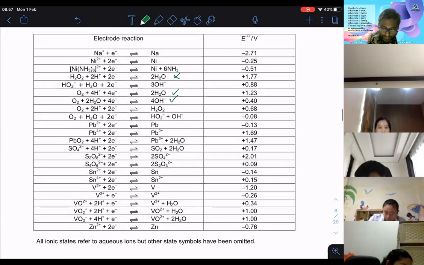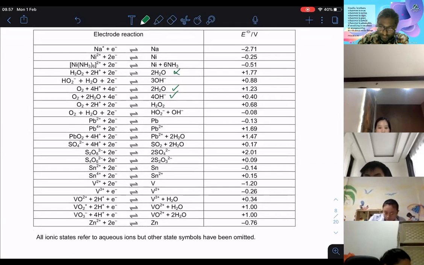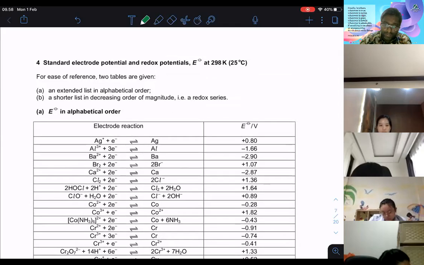It is important to select which one we want. We want to relate it to O2 and H plus, so we want to select the 1.23. Do not accidentally choose something that we don't want. There are so many other things as well, so you need to refer to what we want. So I want the 1.23.